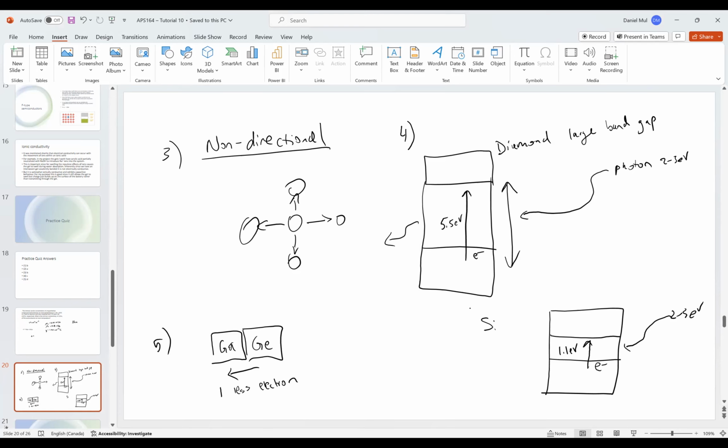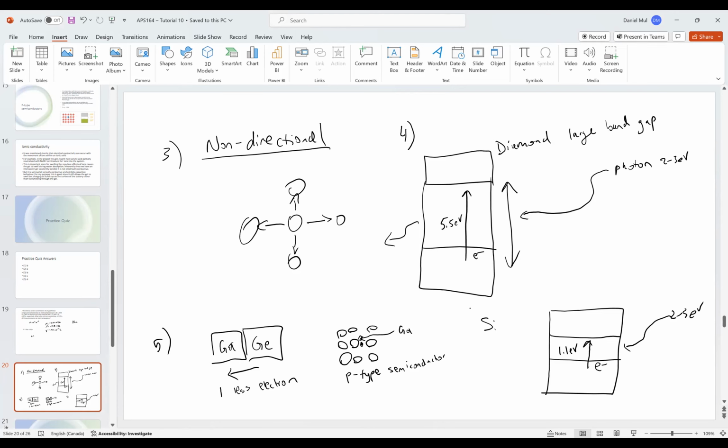So if we have atoms like this, let's say this is our gallium, then it wouldn't add an electron, it would be missing an electron, let's say here. So then you wouldn't have N-type, but you'd have P-type semiconduction.